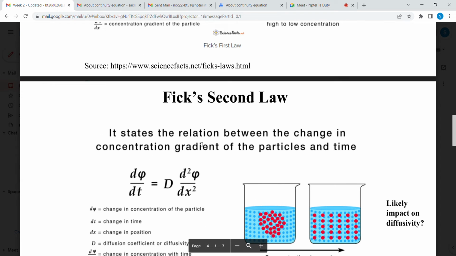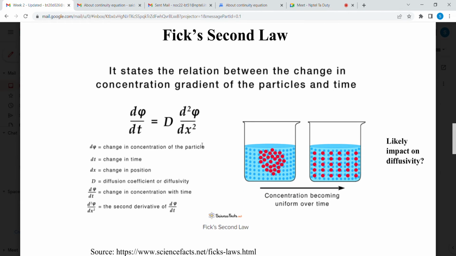Now let us go to Fick's second law. It states the relationship between the change in the concentration gradient of the particles and time. What it says is, d phi by dt is equal to D into the second derivative of the rate of change of concentration with respect to position.